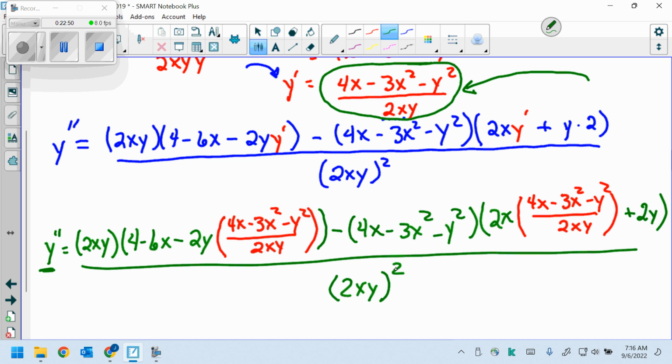No simplification beyond that. And to be honest with you, I don't think we're going to see one where the answer comes out quite this complicated. But that's what you have to do to find y double primed, is put your expression for y primed in place of wherever you initially have that y primed. So let's take advantage of an opportunity to practice this.